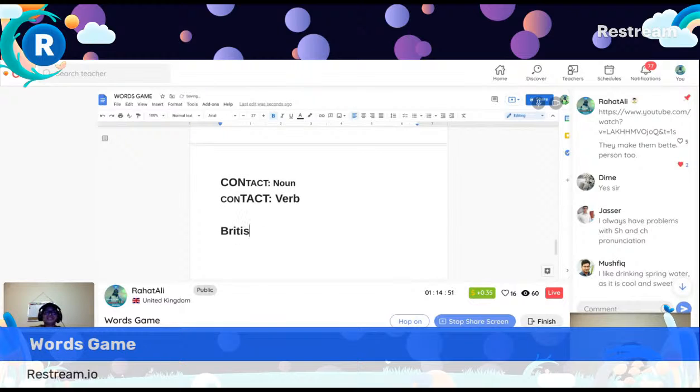First one is British, then peckish, then Turkish, then reddish, radish, like shown, Bernard Shaw.